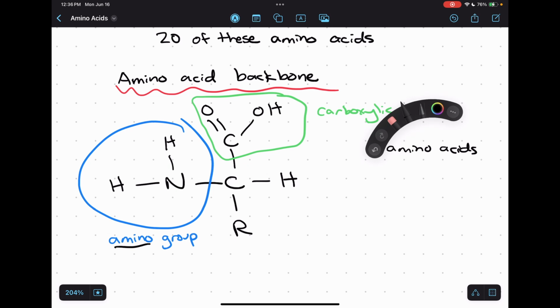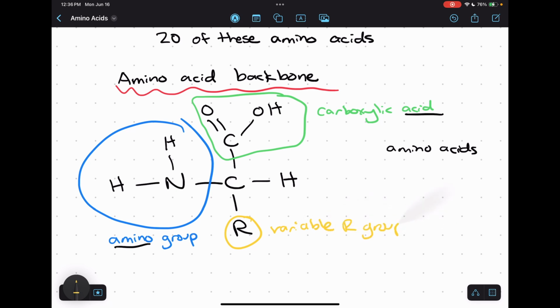We also have our variable R group down here, which we will talk a lot more about as we get into the 20 proteinogenic amino acids. This R group, the fact that it's variable, just means that each of the proteinogenic amino acids has a different R group. It isn't an element that's called R or anything.